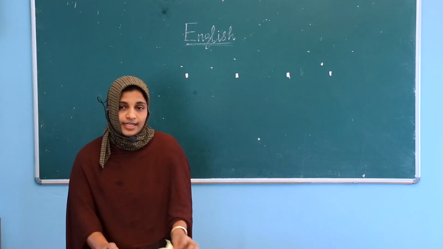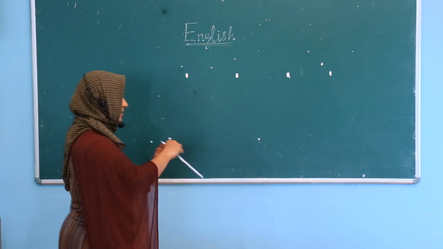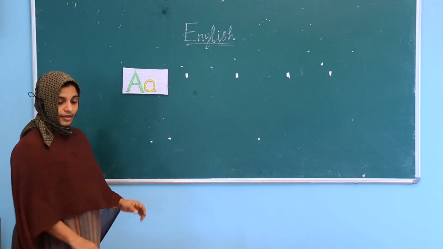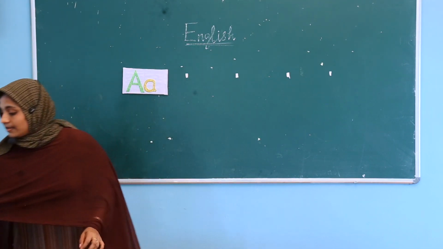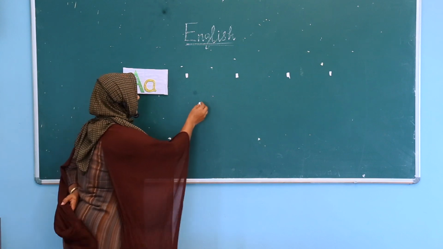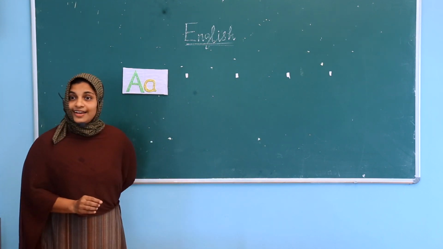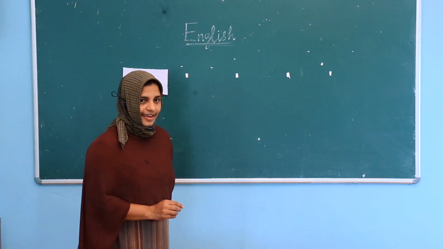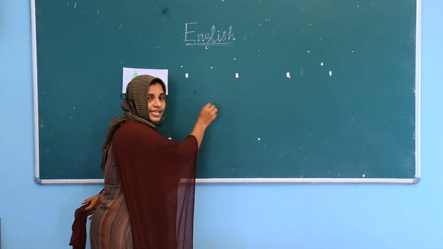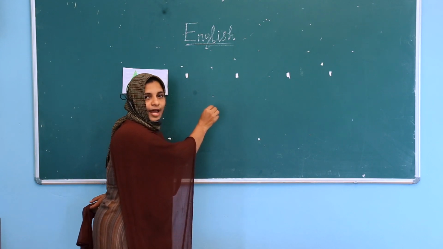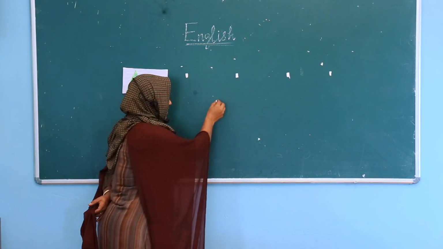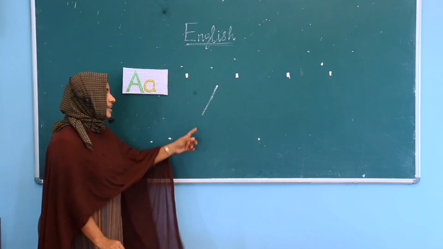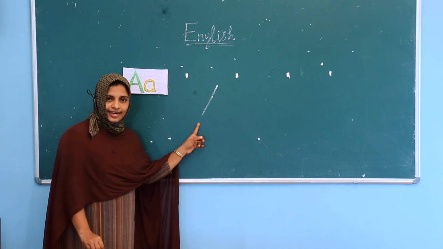How can we write this letter? Listen. In our last class, we learned slanting line. We can use slanting line to write letter A. Which line is it?